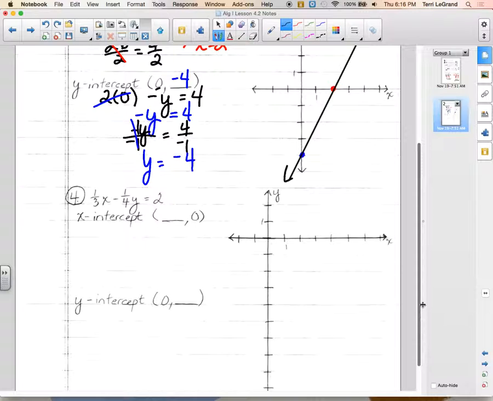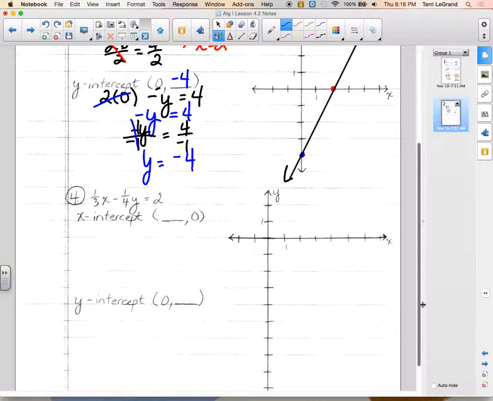In number 4, we have 1/3 x minus 1/4 y equals 2. Okay, doesn't look like I gave us any room to rename it so it would have an integer a value. So let's just work with it as it is, see how well this goes for us.